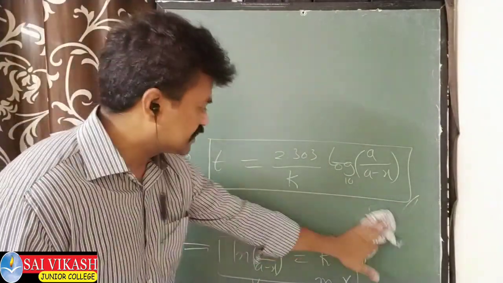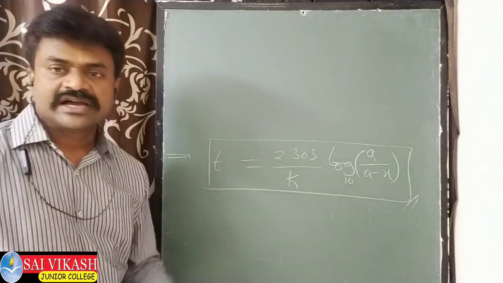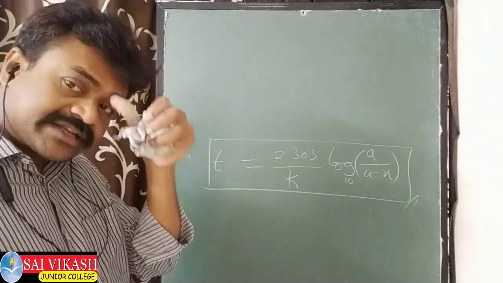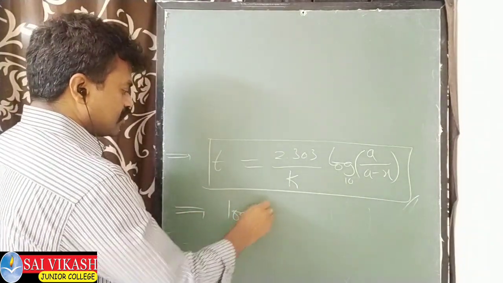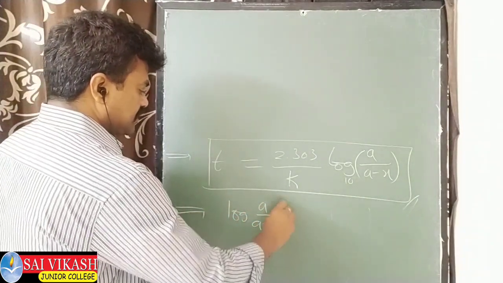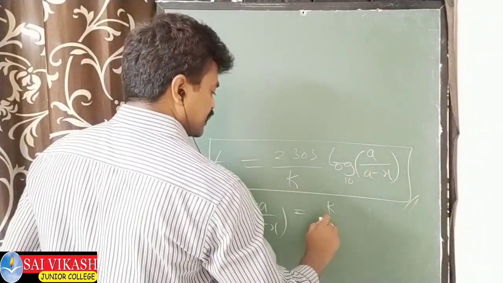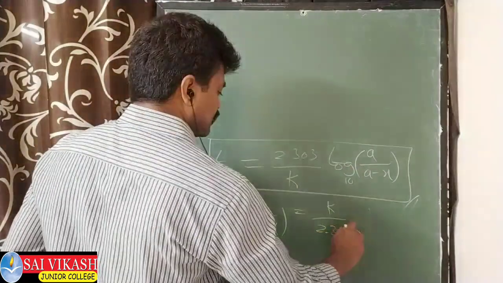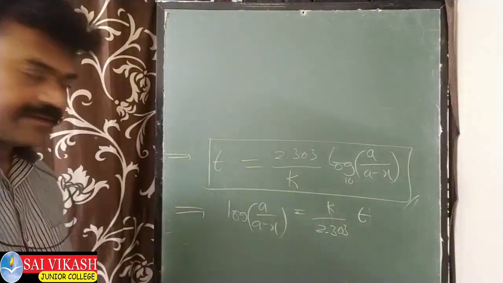See, some other graphs also there. From this equation only I am drawing another graph. From this, what I am getting is log of a by a minus x is equal to k by 2.303 into t. This is, we got it.